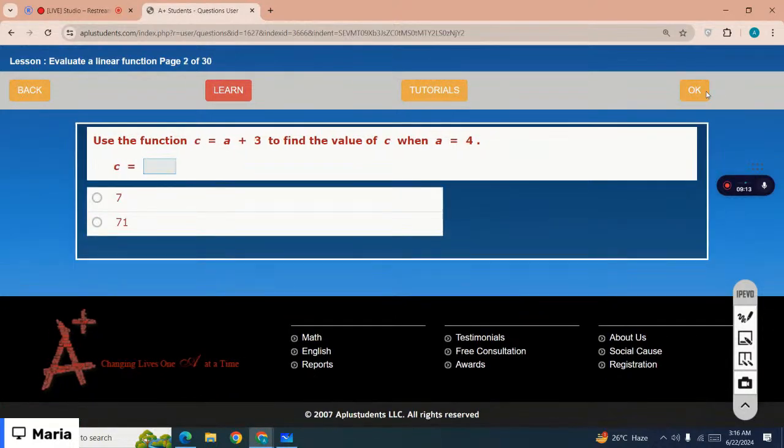Okay, the next one is use the function c equals a plus 3 to find the value of c when a equals 4.